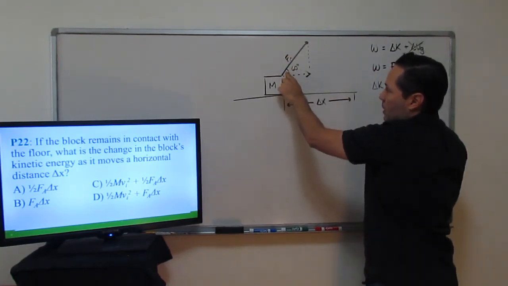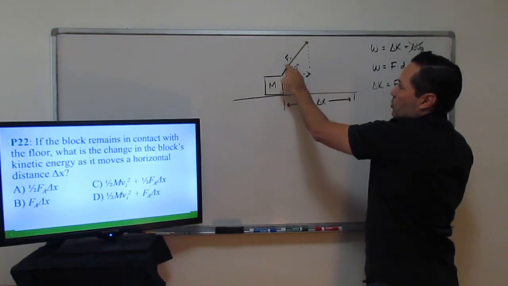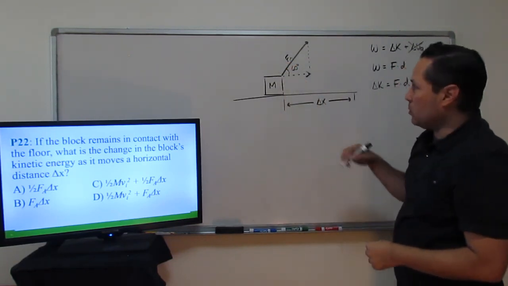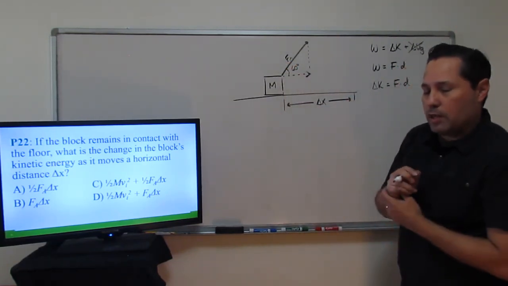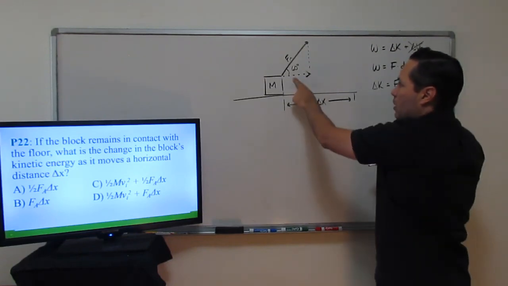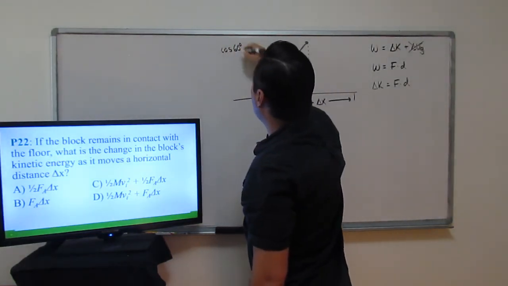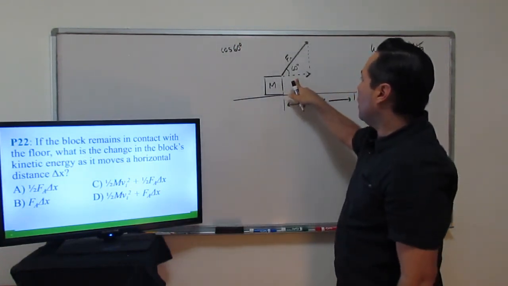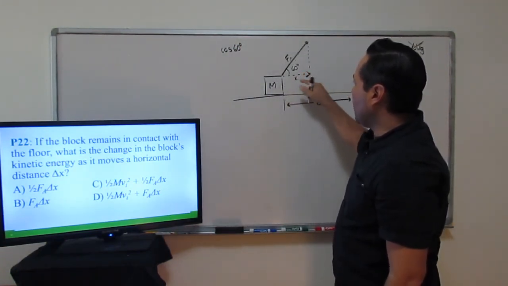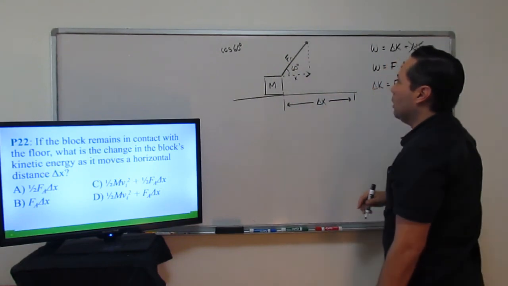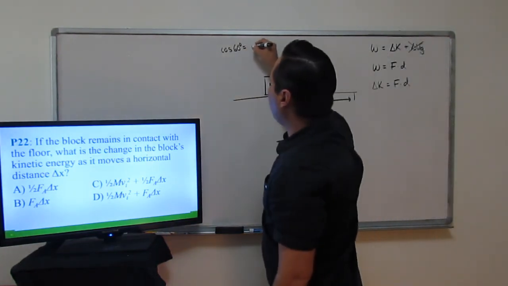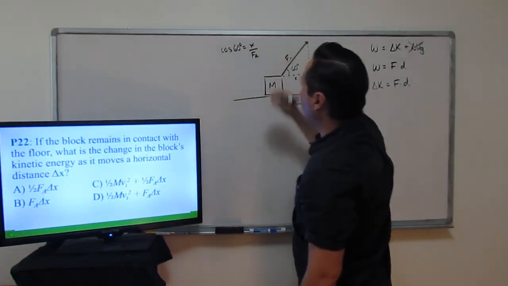Since it is adjacent to the angle, that's going to be cosine. So cosine of 60 degrees is equal to this, let's just call it x, over the force that's pulling on it.